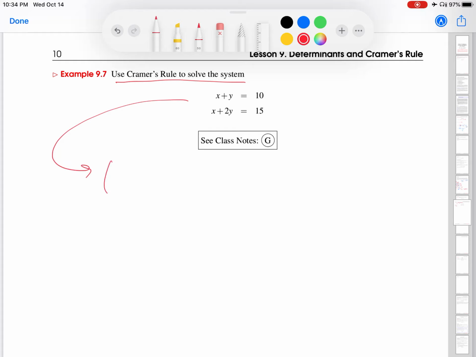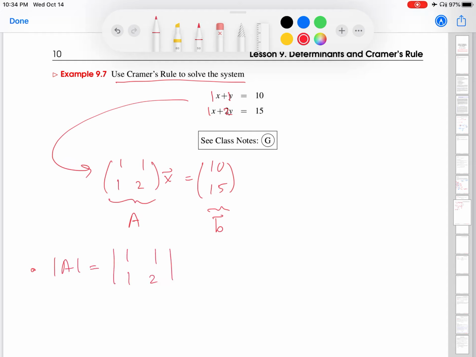So first thing we got to do is put this into matrix form. So the right hand side is 10, 15. Remember the left hand side, we pick out the coefficients here, and the coefficients are 1, 1, 1, 2. Okay, so this is our A matrix, this is our B vector, and then let's calculate the determinant of A. Make sure that it's not 0, and then we can use Cramer's rule.